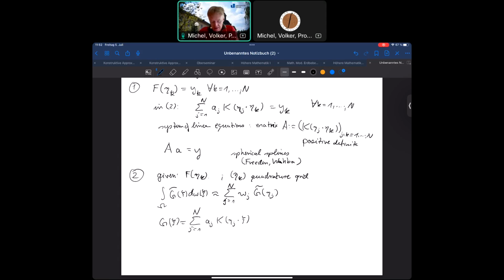Now, if you're aware that this is a quadrature grid, you can say, okay, somehow we're calculating an integral here.